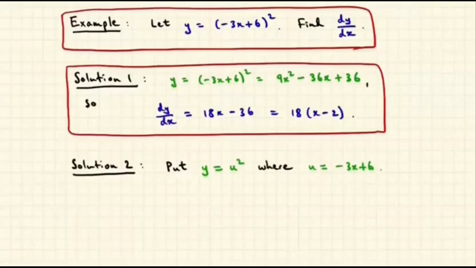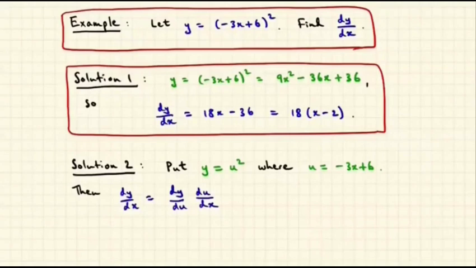We can put u equal to minus 3x plus 6. Therefore, y would be u squared. Now, according to the chain rule, dy/dx is going to be equal to dy/du, which we can see is 2u, times du/dx, which we can see is going to be minus 3.